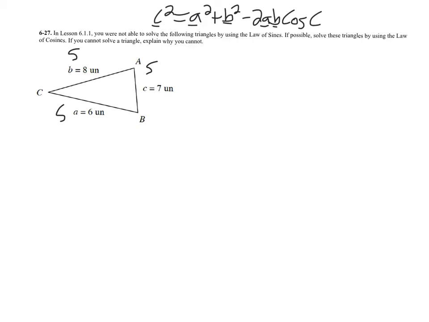And what's important is that this C matches up with this C. In other words, they have to be opposites. So to show that, I'm just going to say I want to find angle A first.